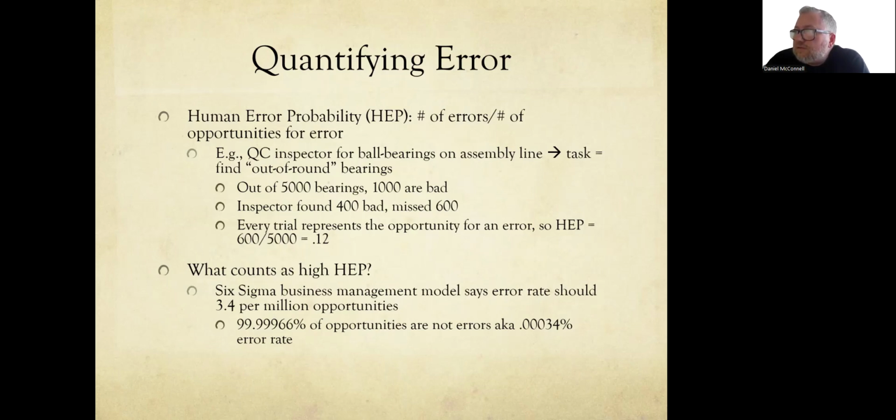And so according to the Six Sigma model, we want our error rate to be 3.4 per million opportunities, 3.4 errors per million. So that means out of every million opportunities for an error, only 3 plus maybe 0.4 will have been actual errors, right?